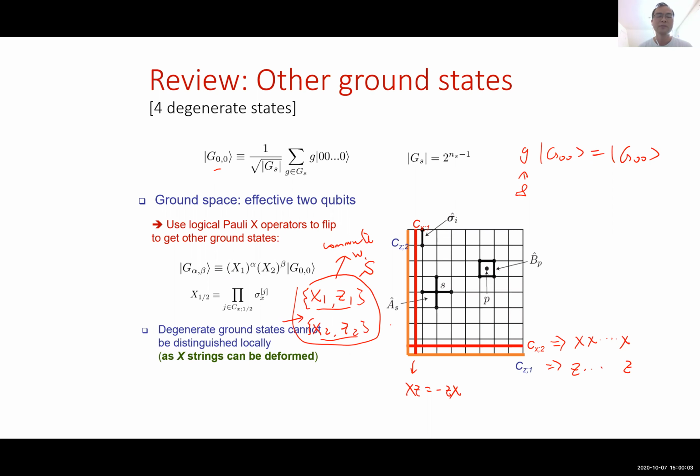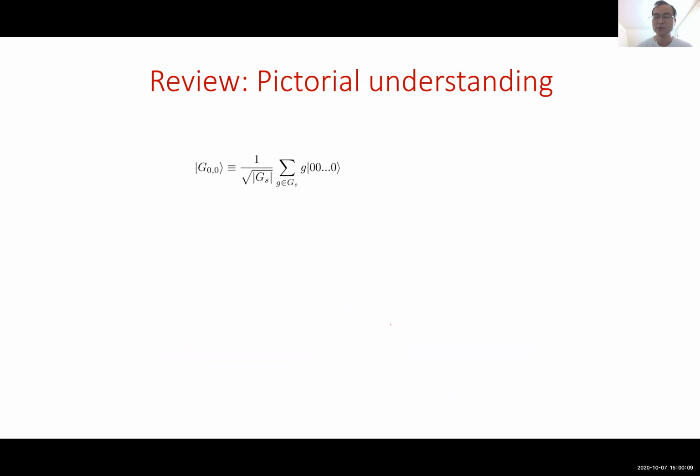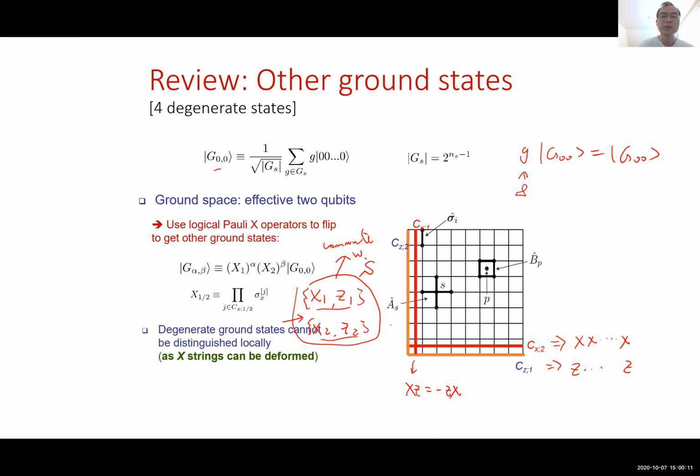Okay, so from the 0, 0 ground state, you can flip to other ground states. I should write here, right? Basically, the G01 state is X1 applied to the 0, 0 state, or the other way around, 1, 0. Okay, 0, 1 is X2 applied to this.